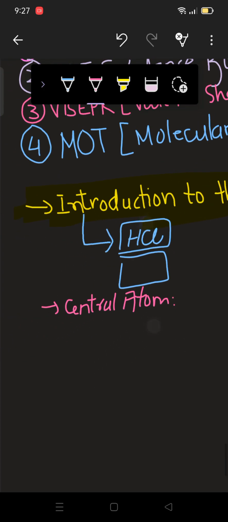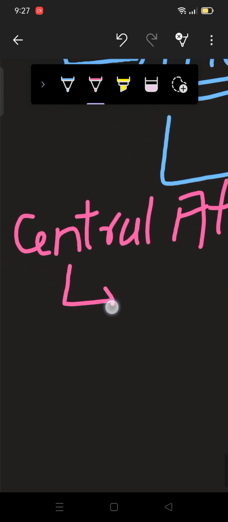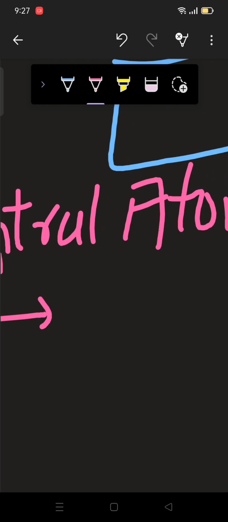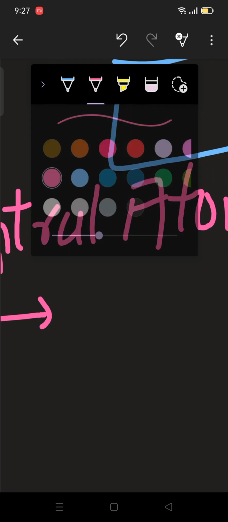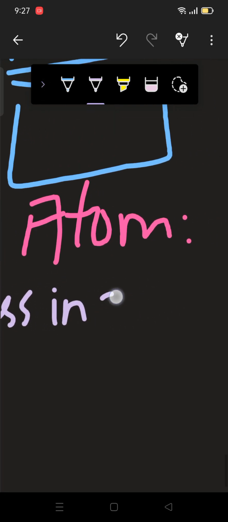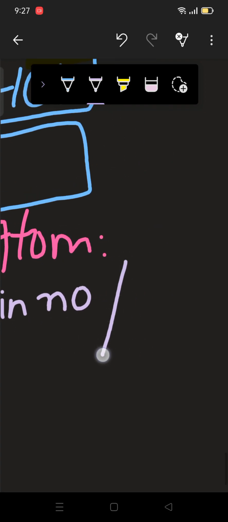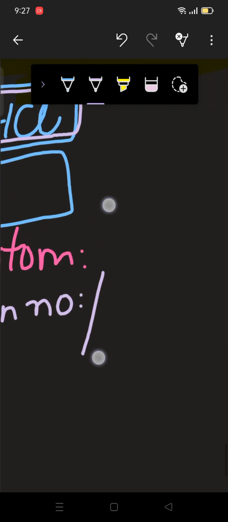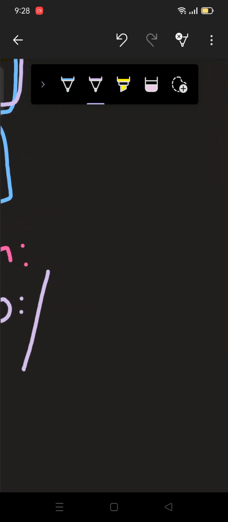Now, how are we going to select a central atom? The central atom in the compound will be the one which is less in number, initially less in number. If not, if there is an equal ratio, for example HCl has an equal ratio, you cannot identify based on the number of atoms, then you may go towards electronegativity.